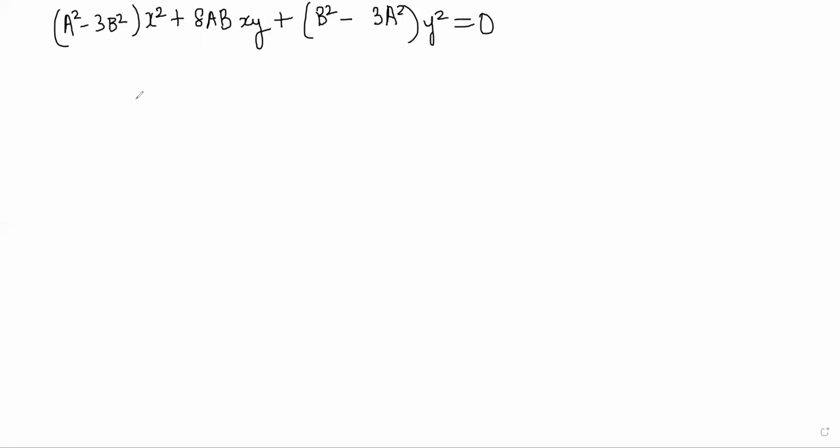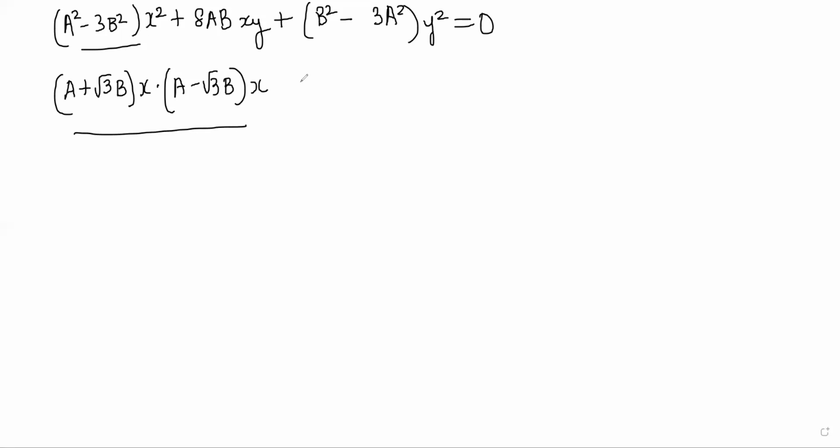So this part can be written as a plus root 3b x multiplied by a minus root 3b x, right?